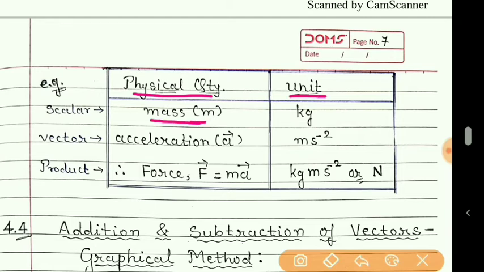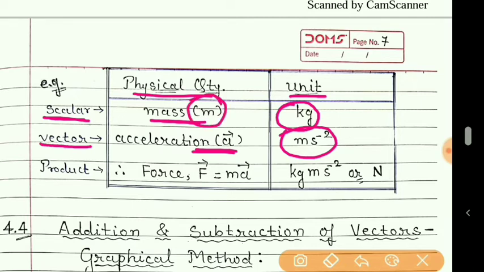We know that mass is a scalar quantity. Unit of mass is kilogram. Acceleration is a vector quantity and unit of acceleration is meter per second square. So now when this mass, which is scalar, is multiplied to this acceleration, which is a vector quantity, the result obtained is m into a, and this m into a gives the force.